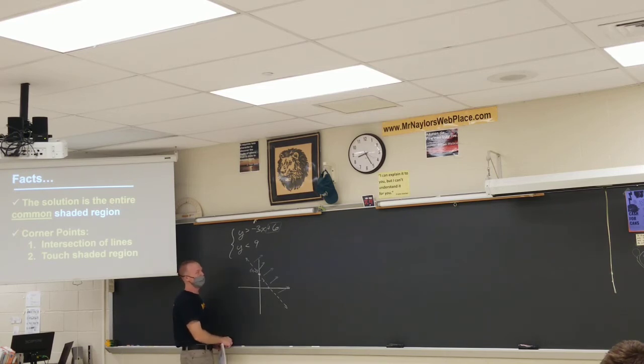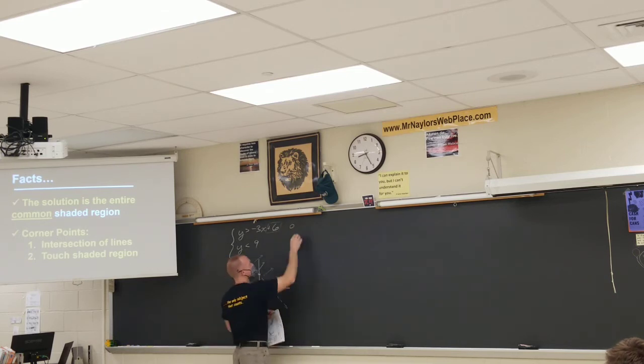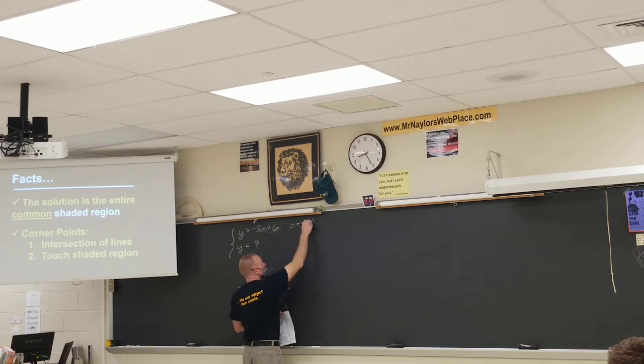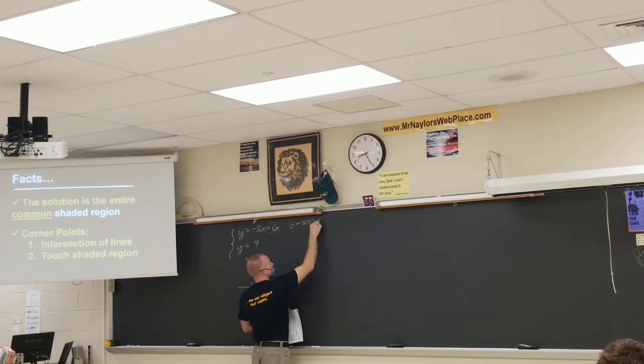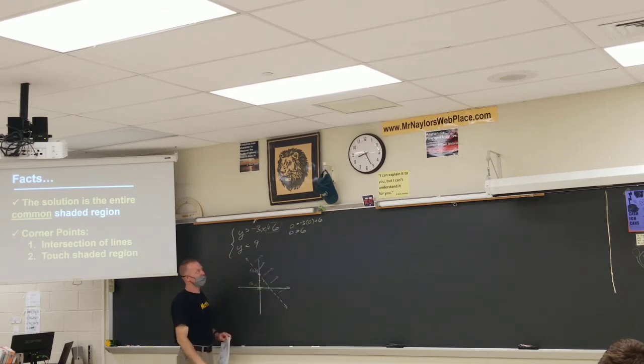It's called a test point, where I plug in a point, usually 0, 0, if it's not on the line, and test it to see if it comes out true or false. And it's not bad just to think about that for this problem. If I test the number 0, I get the statement that 0 is greater than 6. Well, how does that sit with you guys, 0 greater than 6?